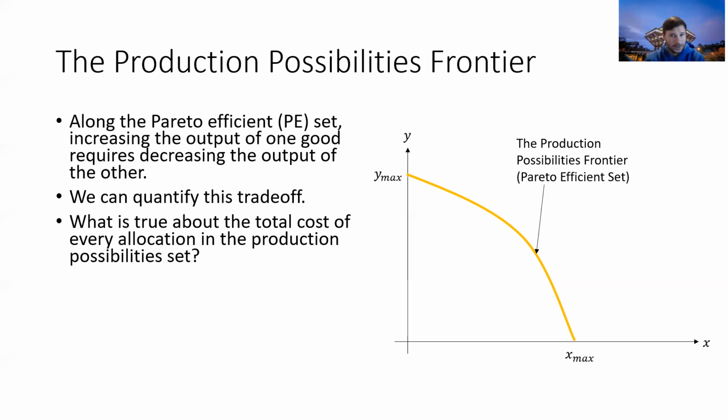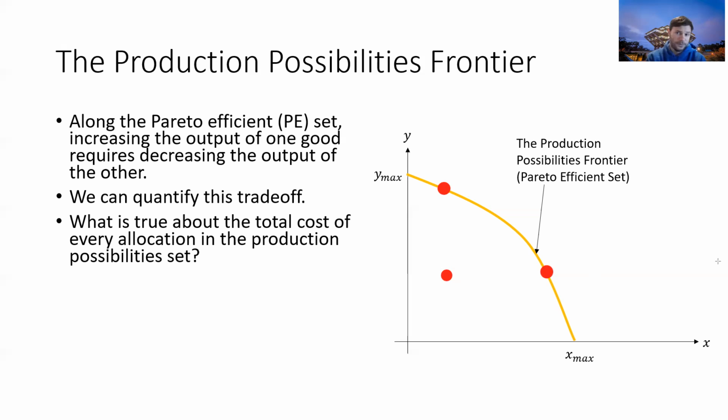Let's think about that. If the prices of capital and labor are constant, and the amount of capital and labor we're using anywhere on the PPF or in the inefficient part of it is also constant, then what has to be true about our cost at any point on the boundary or on the interior of the PPF?